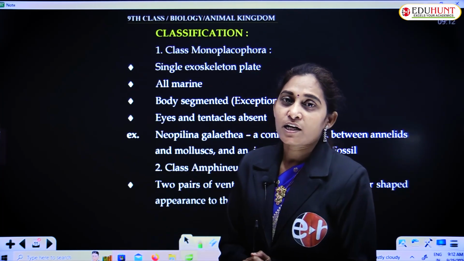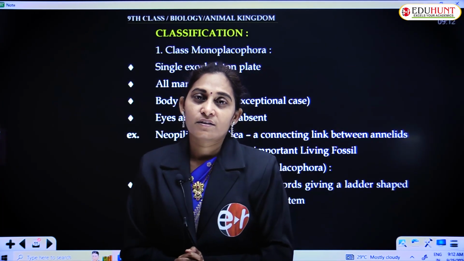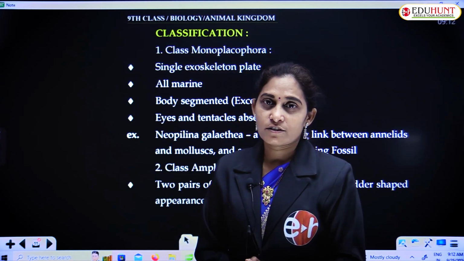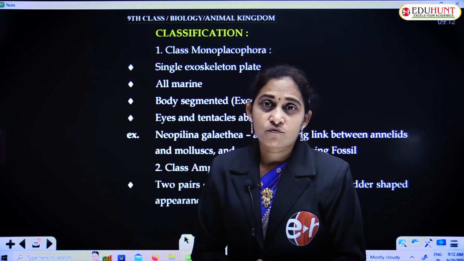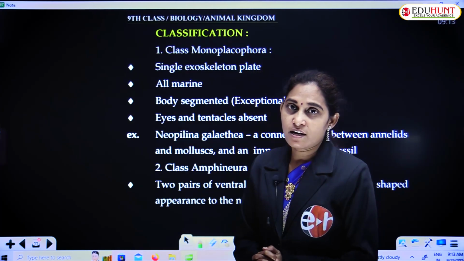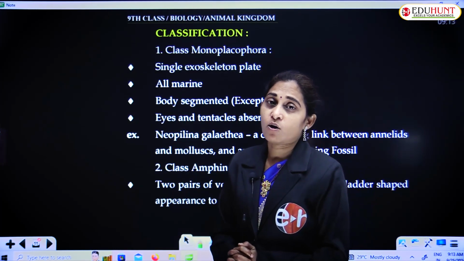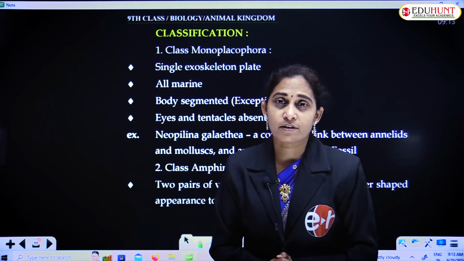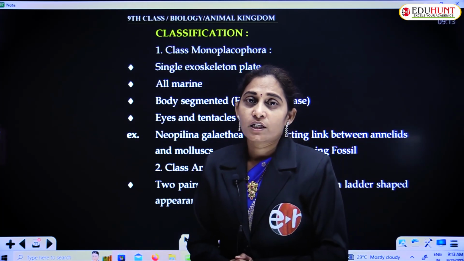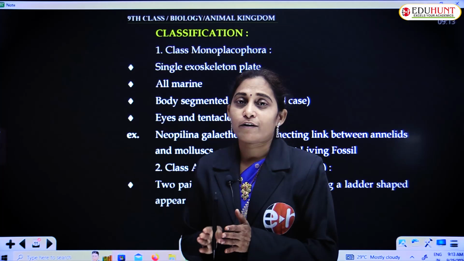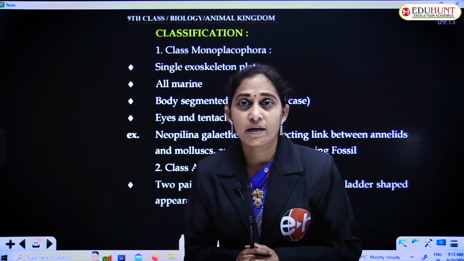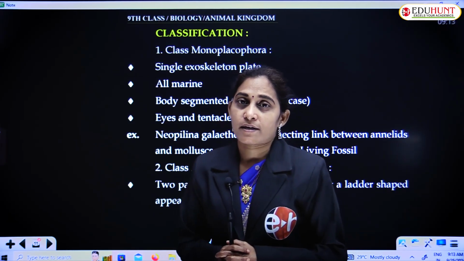Some important remarkable points we have noted down: presence of soft body, unsegmentation, presence of foot in the body, and also calcareous shell, Bojanus organ or organ of Bojanus as an excretory organ, and also respiration in aquatic animals by gills or ctenidia, in terrestrial forms by pulmonary sacs.